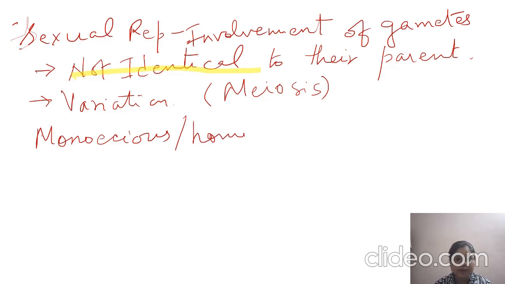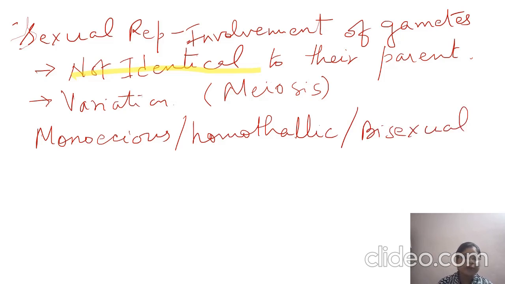Monoecious: mono means single, ecious is house, so they have got a single house. On that single individual, you will find that both male and female organs are present.